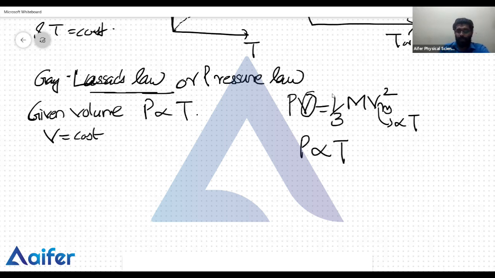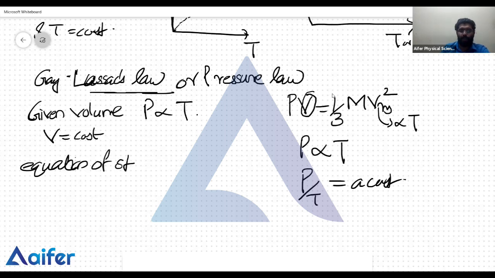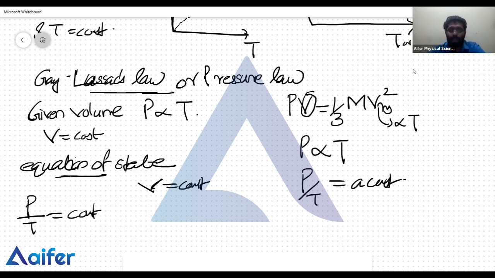So we could write P by T equal to a constant. For our equation of state, we are fixing volume constant, then we get P by T equal to constant.